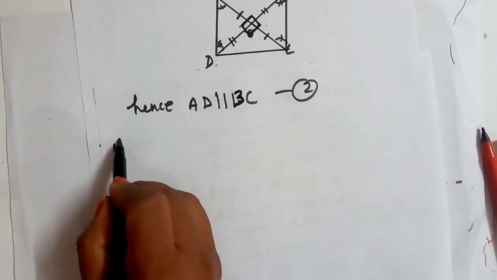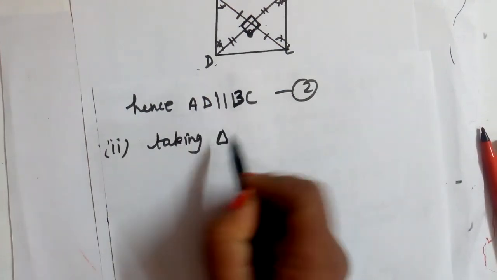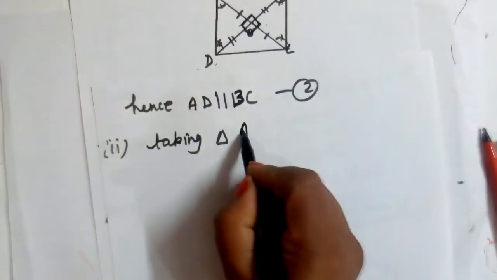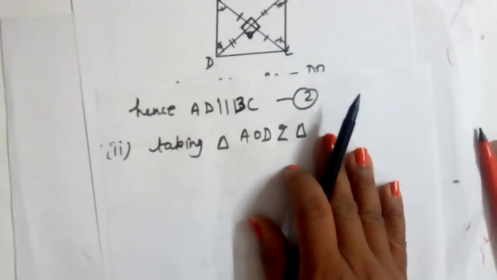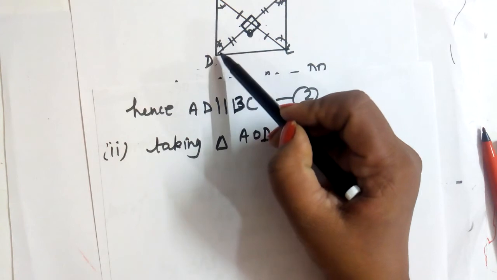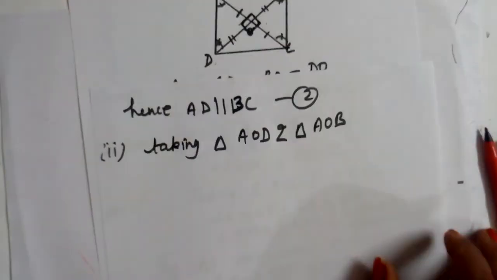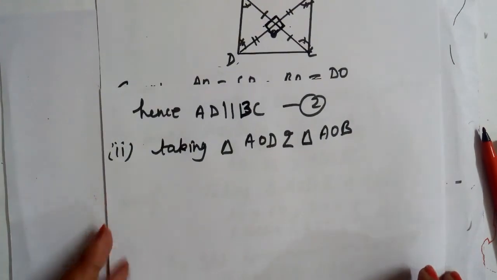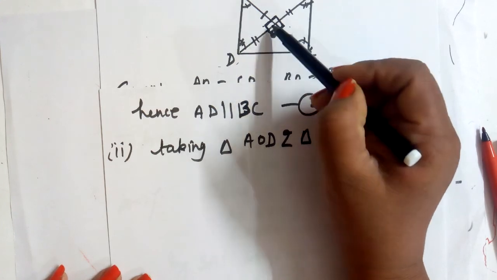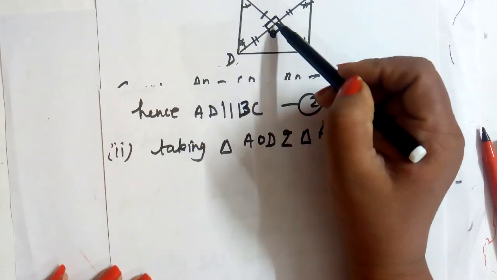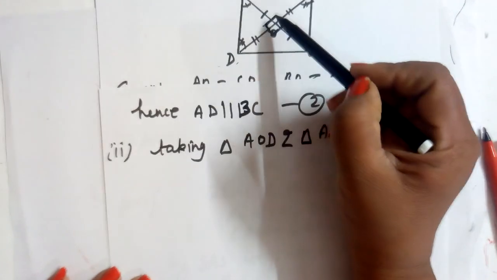Now second one, taking triangle AOD and triangle AOB. Okay, see, in these two triangles, DO is equal to BO, and AO is common.